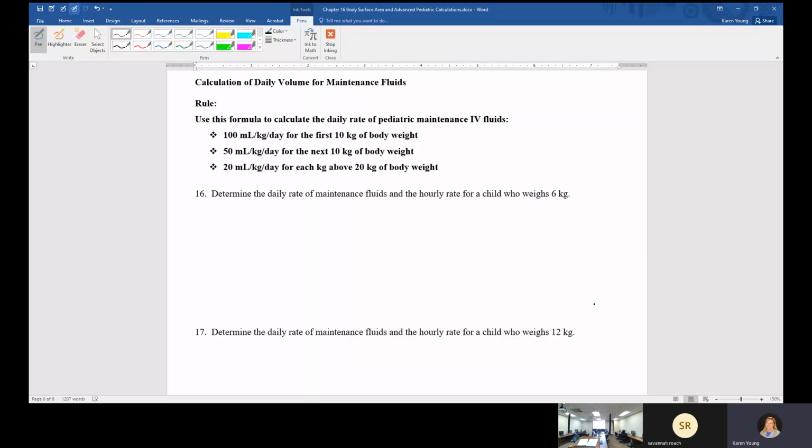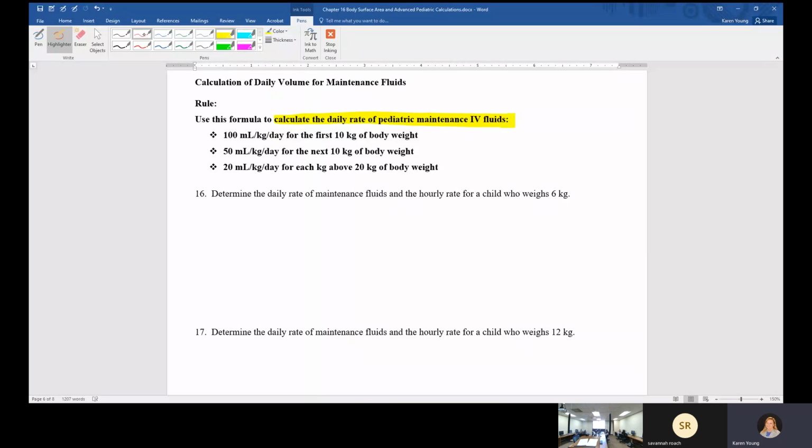So we've got to watch how much IV fluid they have. So the rule for figuring this is to calculate the daily rate of the pediatric maintenance fluid. So this is a maximum amount of IV fluids that this child can have in a day.